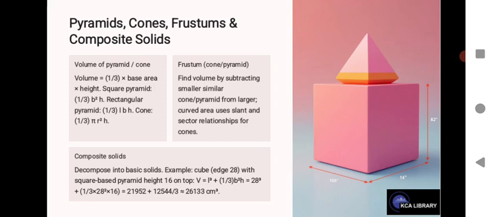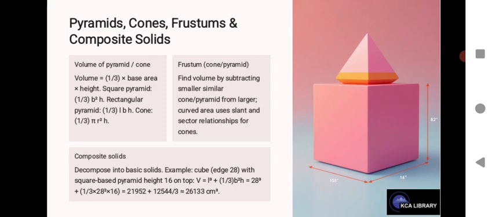So look at this. If you are given an example, you decompose into the basic solids. For example, a cube having edge 28 with a square base pyramid of height 16 on top. How do you calculate the volume? The volume will be l³ plus 1/3 base squared times height, which is 28³, because the edge length is 28, plus 1/3 times 28² times 16.